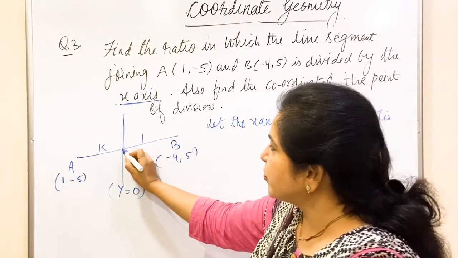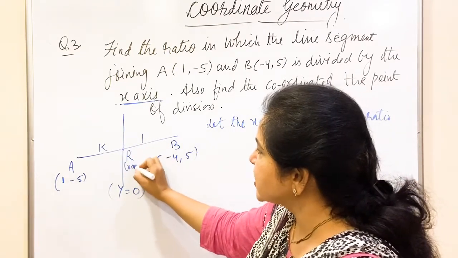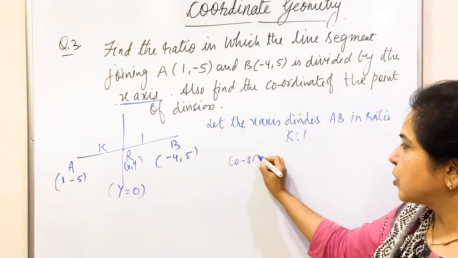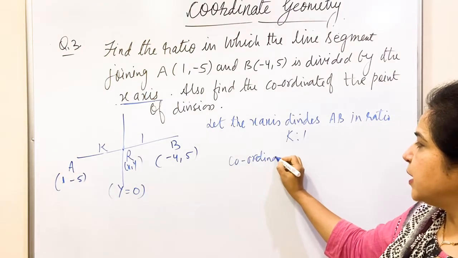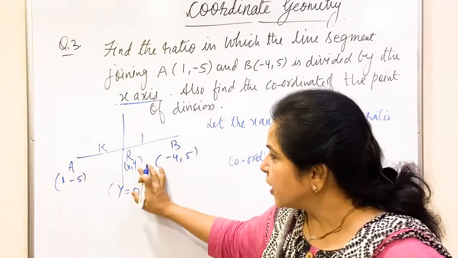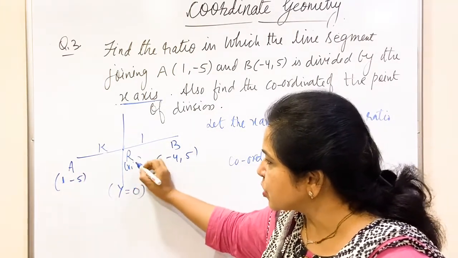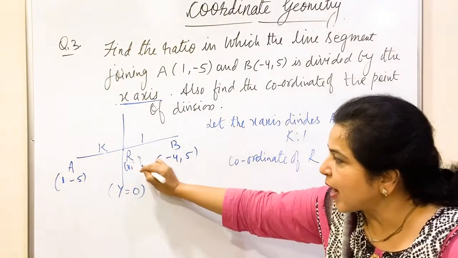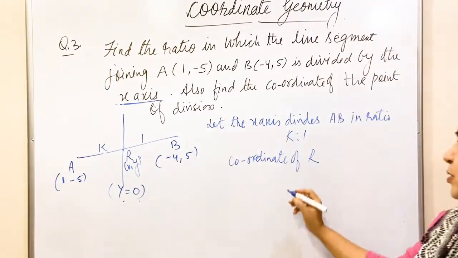So the point of division is, suppose, R, which is (x, y). R is any point on the x-axis, so y equals 0.